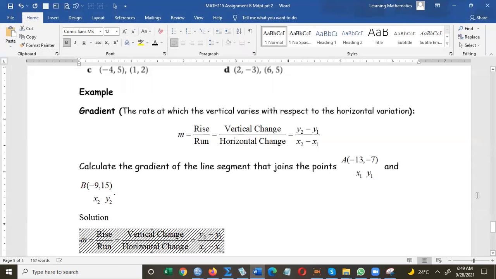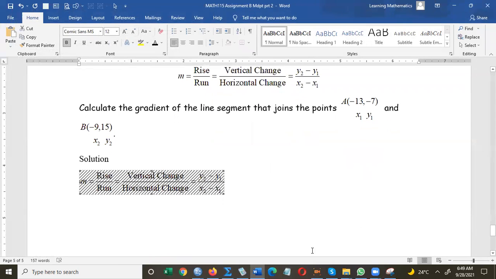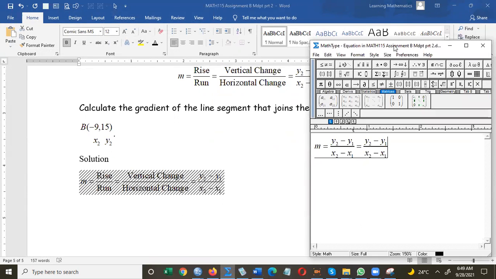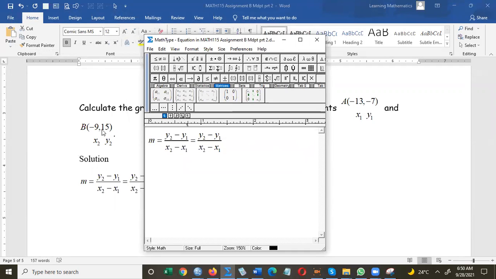We know that x1 is negative 13, y1 is negative 7, and y2 now is 15. So where we have y2, we put 15, and where we have y1, we put negative 7, as you can see.